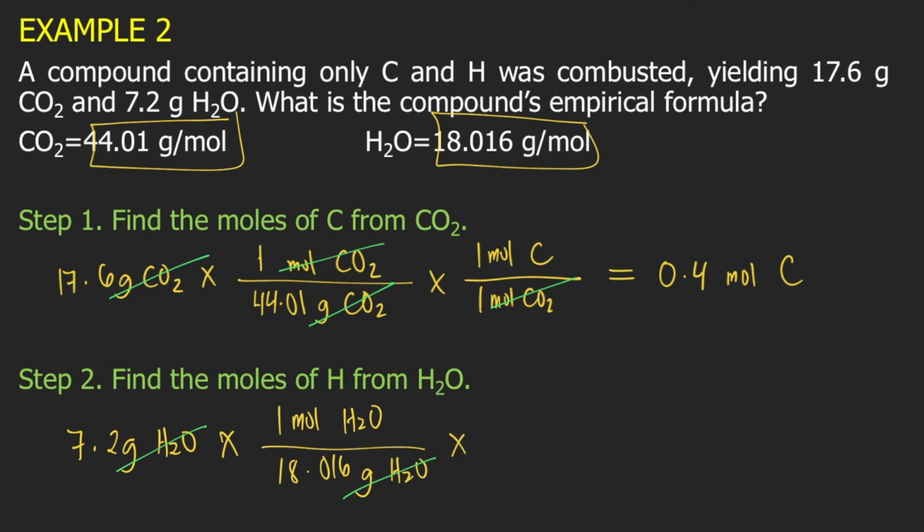And then 1 mole of water has 2 moles of hydrogen. So the moles of H2O cancels, and this gives you moles of hydrogen. And if you solve this, this is approximately 0.8 moles of hydrogen.